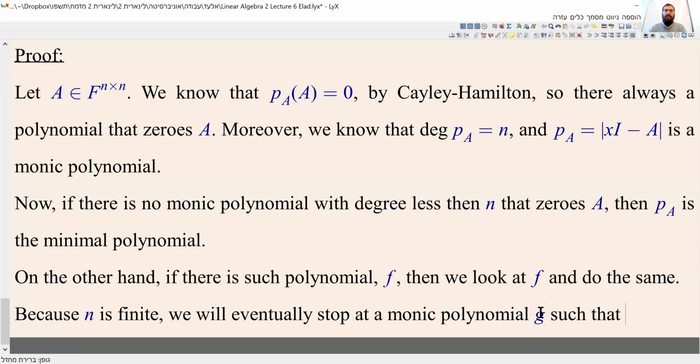The coefficient of the highest power is 1. For example, x minus 1 and not 2x minus 1. Instead of 2x minus 1, we'll think of x minus half.